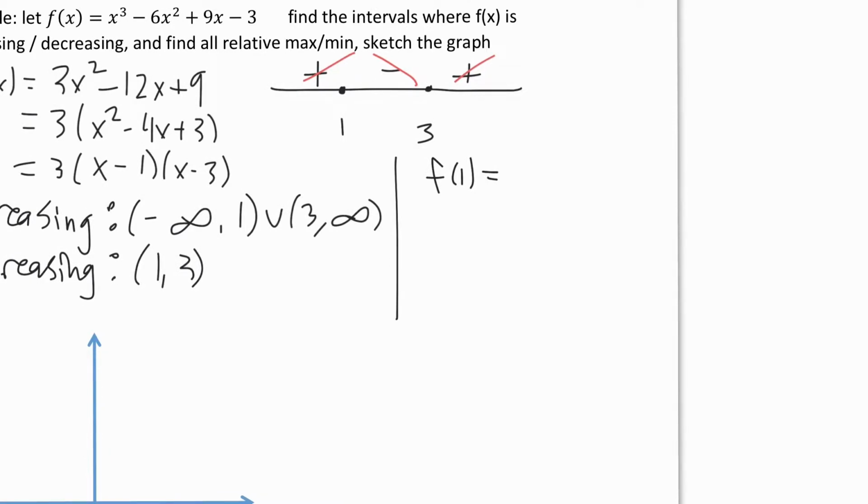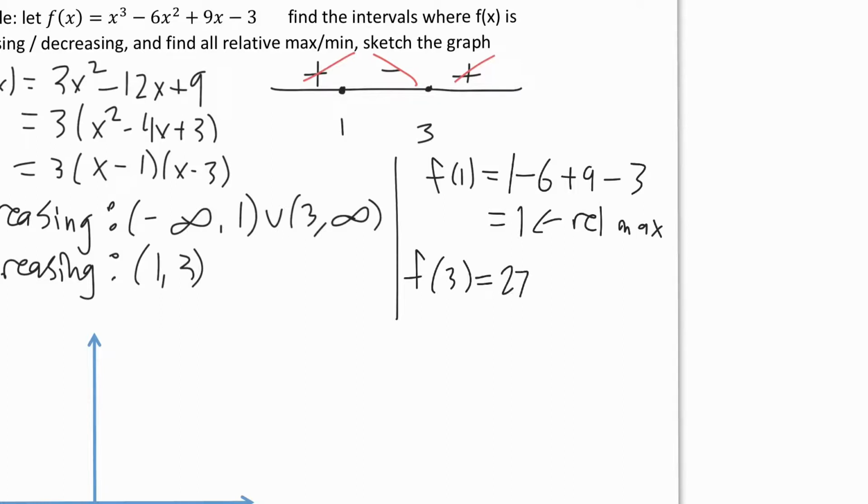We'll get 1 minus 6 plus 9 minus 3. So we work that out and we get 1. So that's going to be our relative max. Next we do f of 3.